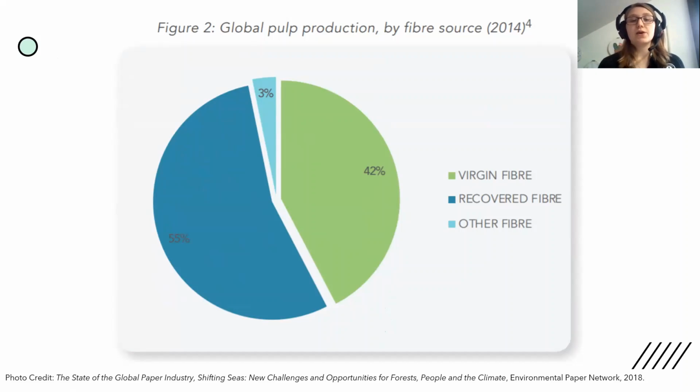And so the big takeaway here is that we want to create a pie chart that looks different from this, where we're shrinking this virgin fiber slice and increasing this recovered fiber slice. So the more we can recycle the fibers, actually the more trees we save, the more water we save, and the more energy we save. Because into every kind of resource, there's energy that goes into obtaining it.